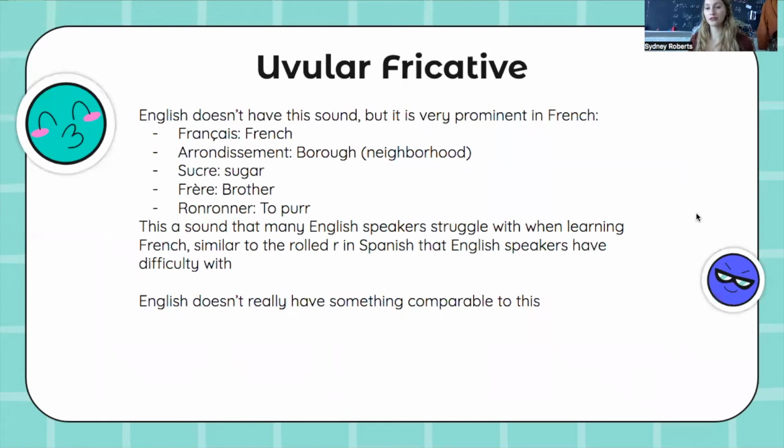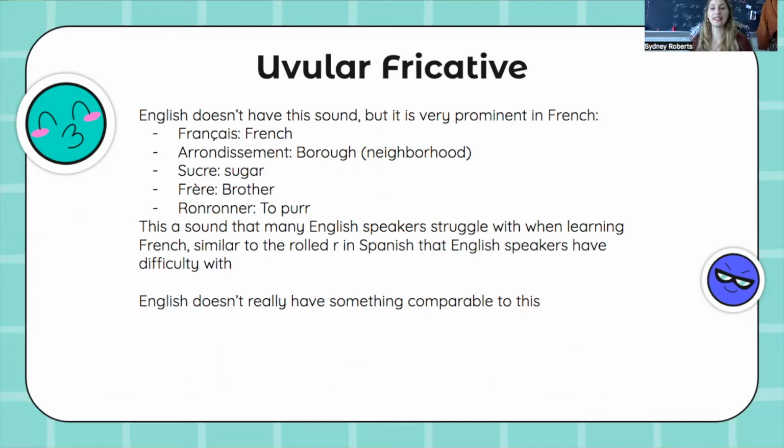And then we have the uvular fricative that I mentioned before. So English doesn't have this sound, but it's very, very prominent in French. So we see the française, that sound is the uvular fricative. Arrondissement would be a borough. If you've ever heard of the arrondissements in France, they're like circularly set up neighborhoods. Sucre, sugar, frère, brother, ronronner, super, very much fitting in terms of how the word is pronounced.